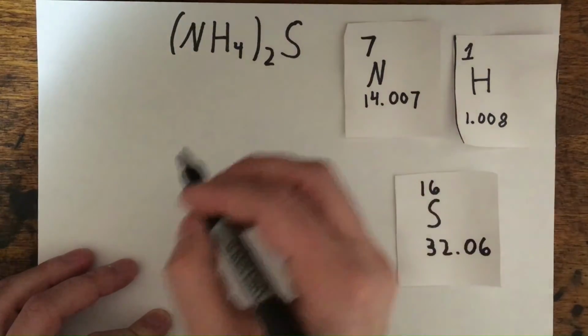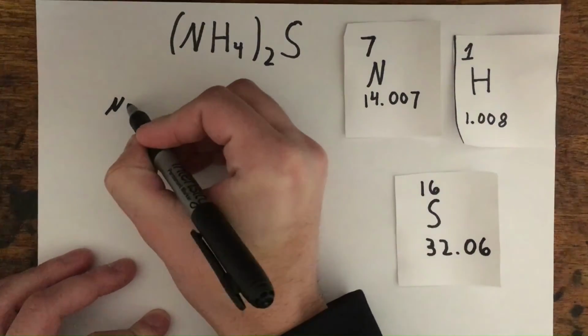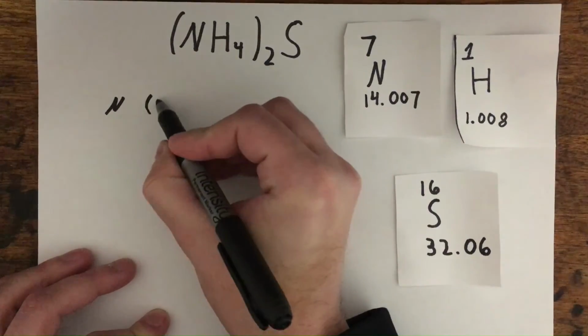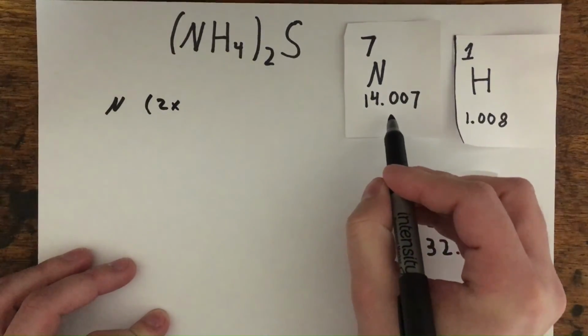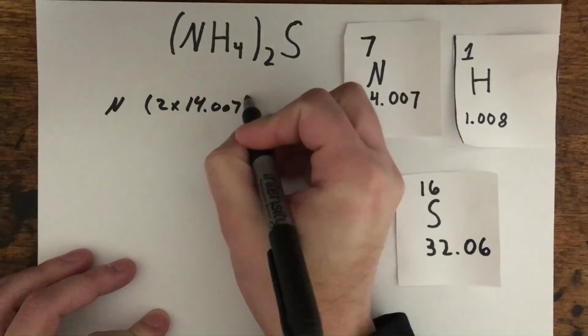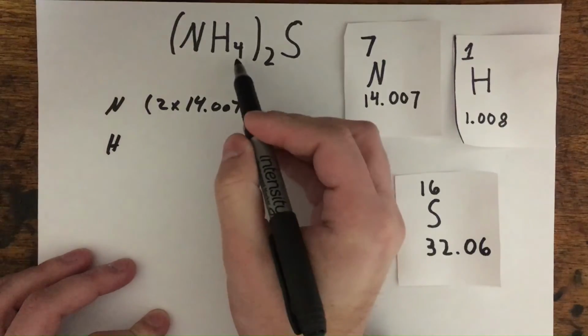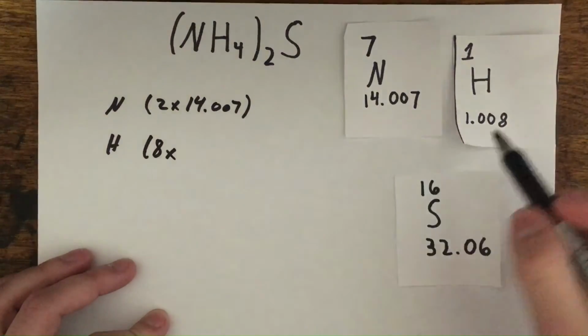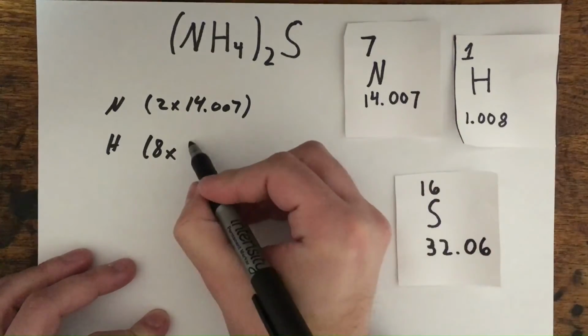So let's start with our nitrogen. Nitrogen, we have 2 of them. 2 times 14.007. Hydrogen, 4 times 2 is 8 times 1.008.